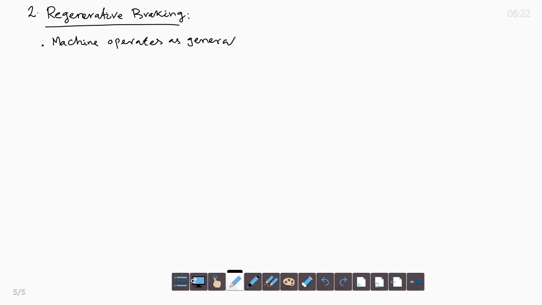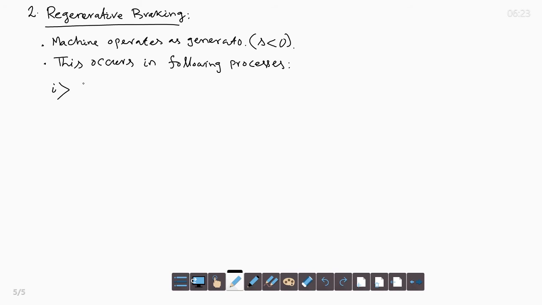Here R is missing in generator and slip is less than 0. So this occurs in the following processes.